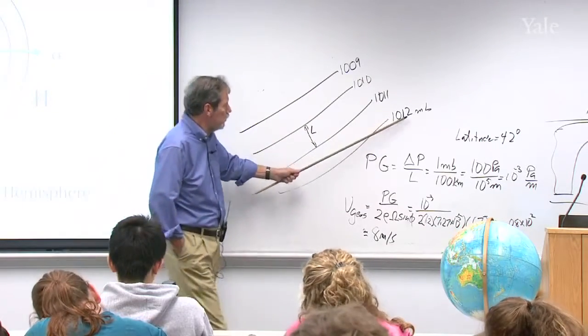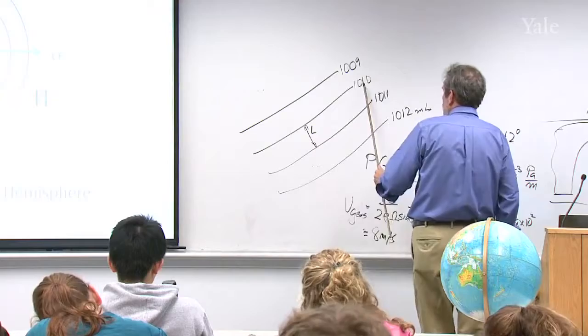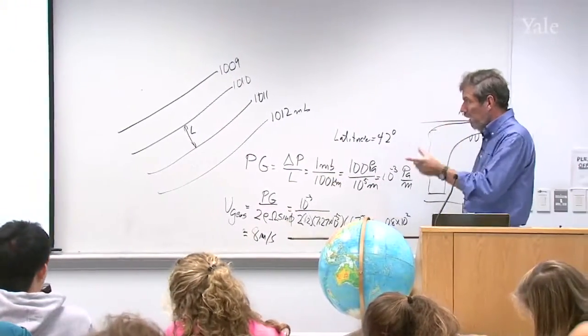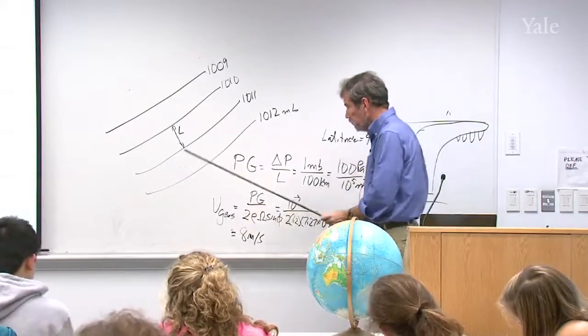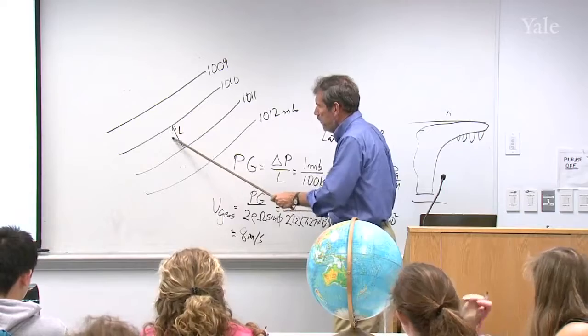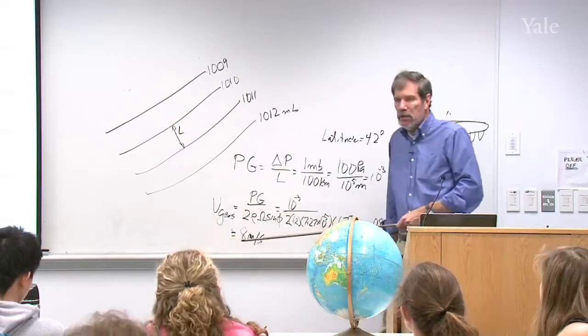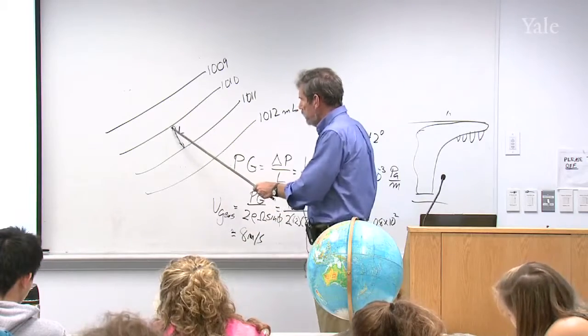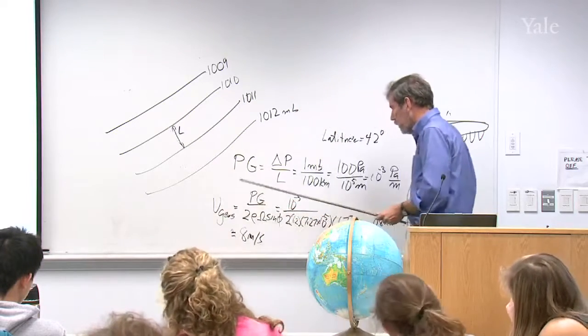This one's labeled 1,012 millibars, 1,011, 1,010, 1,009. So these are lines of constant pressure, isobars. And let's say, for the sake of argument, that the spacing between those isobars is about 100 kilometers, about 50 miles.